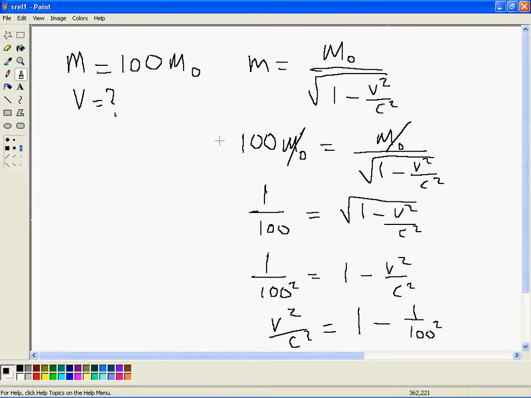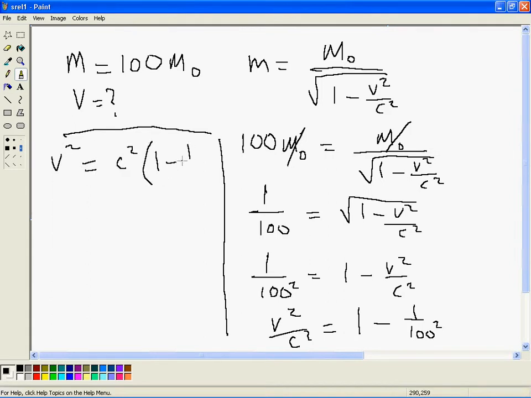And continuing up here, we will have v squared is equal to c squared times 1 minus 1 over 100 squared. And if we now take the square root of both sides, we get this.